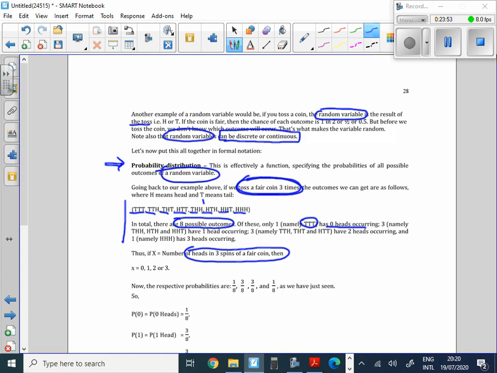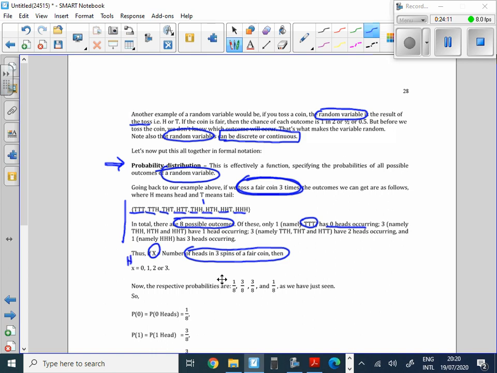And remember, all I've done over here is, nothing's changed. If X is the number of heads, I've given it a name now. That's all. I've called it X for number of heads. I could have also called it H.